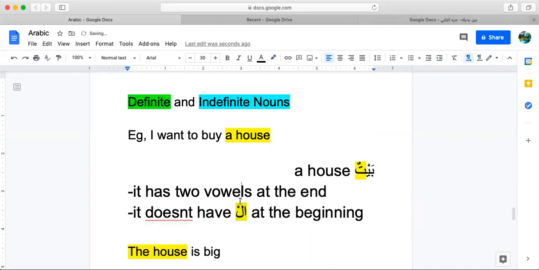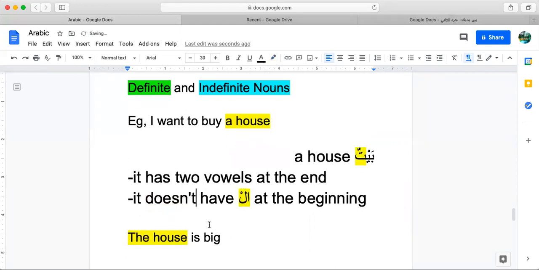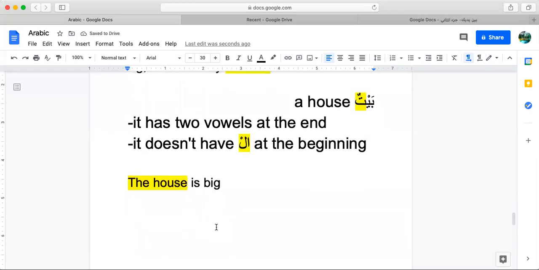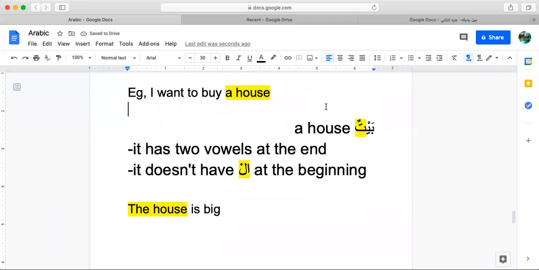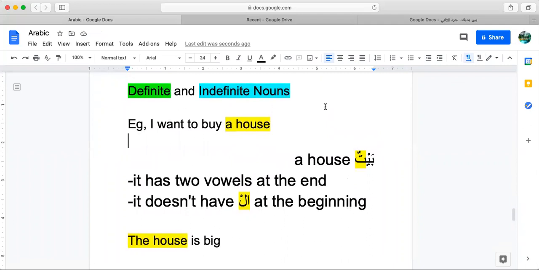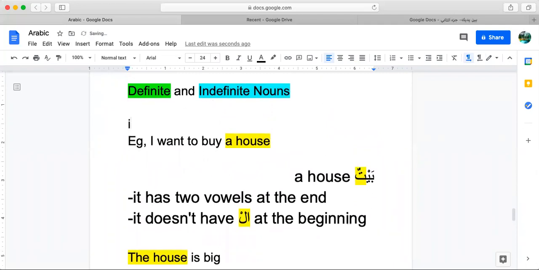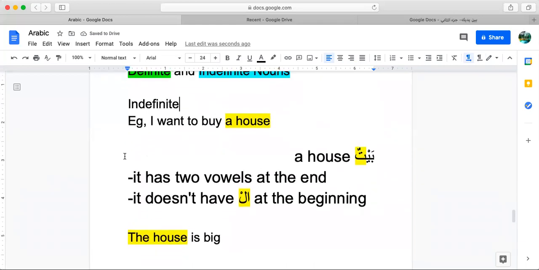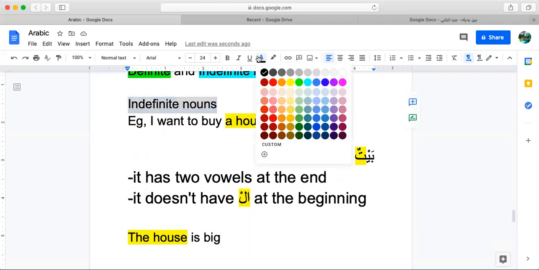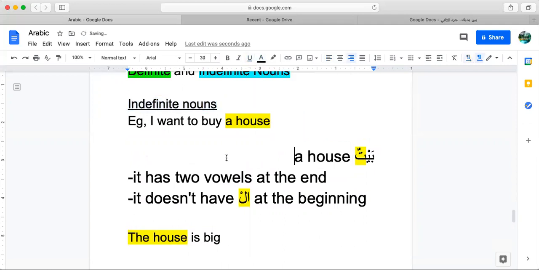So it doesn't have al at the beginning. Okay, what about definite? So that was indefinite. Okay, that's indefinite nouns we're talking about.